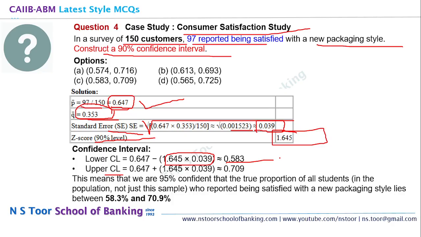What is this amount? 1.645 into 0.039. So this is 0.064.